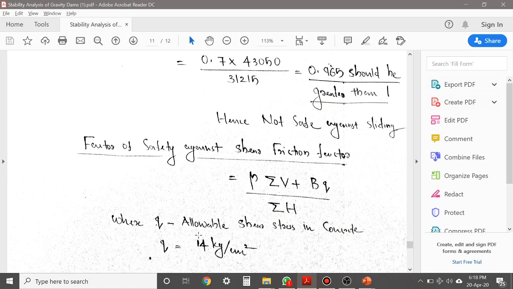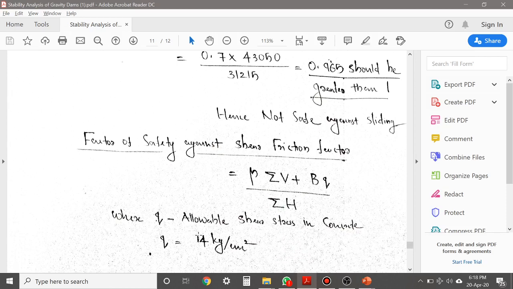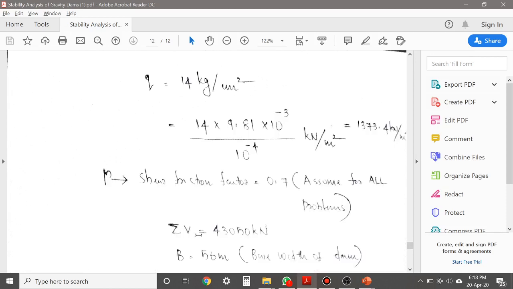You can take it as 14 kilogram per centimeter square. Since the entire unit in this problem is kilonewton and meter, you have to convert this kilogram per centimeter square to kilonewton per meter square.